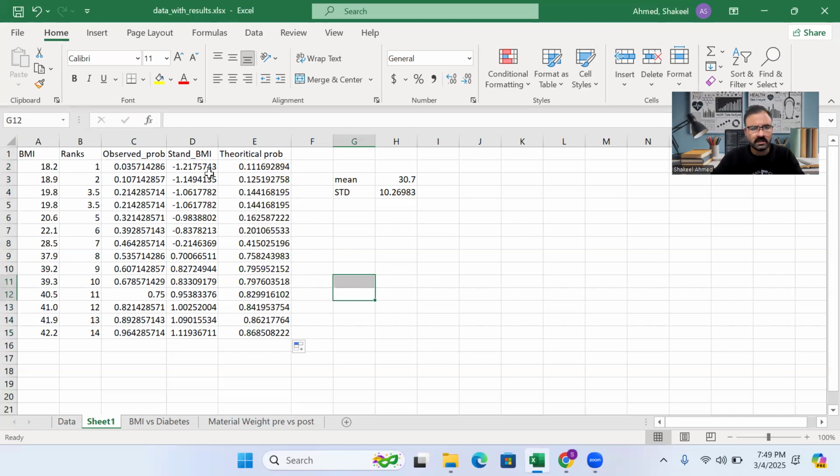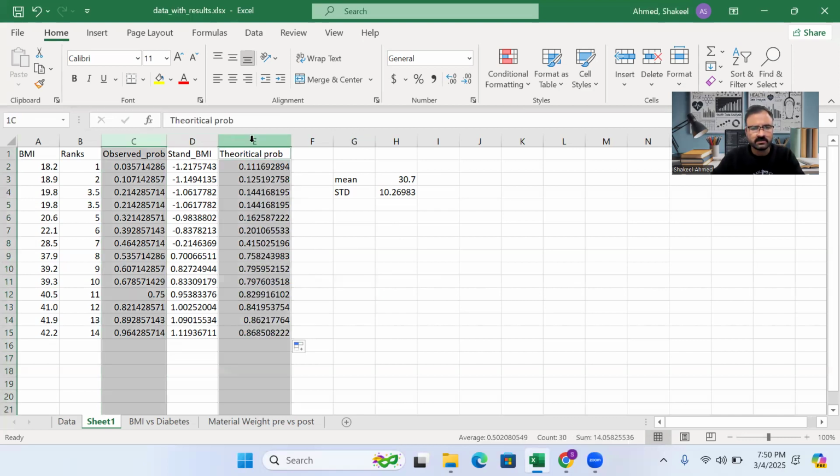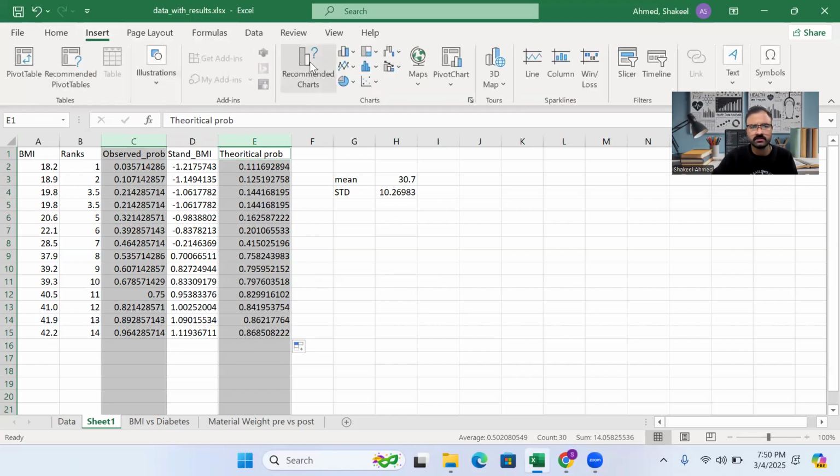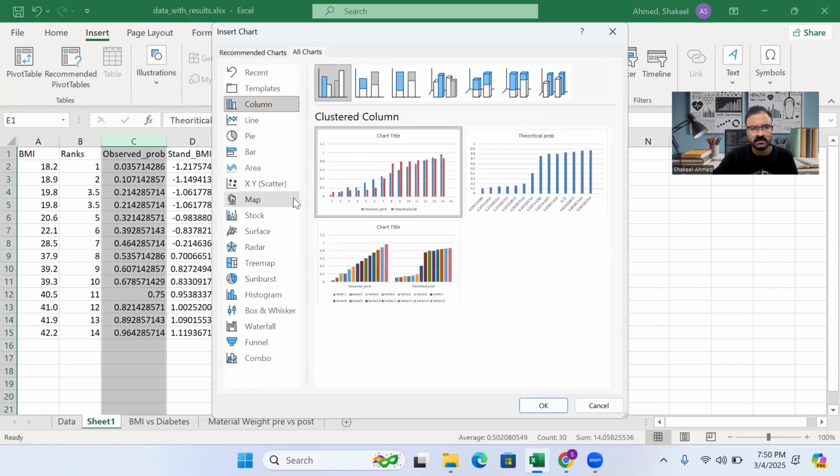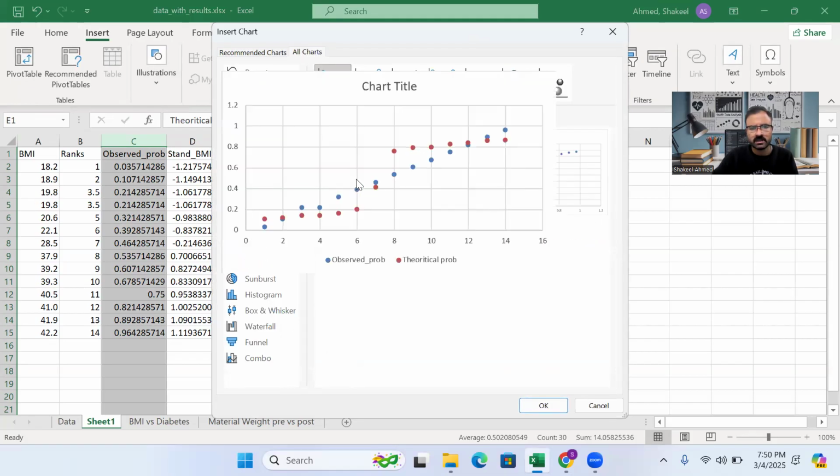Now we can plot these two variables using a scatter plot. That will be the quantile and quantile plot, or the probability and probability plot. You can use insert, then go to the charts and then the scatter plot.